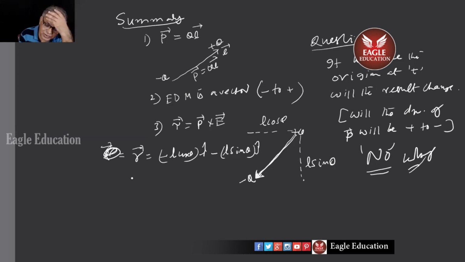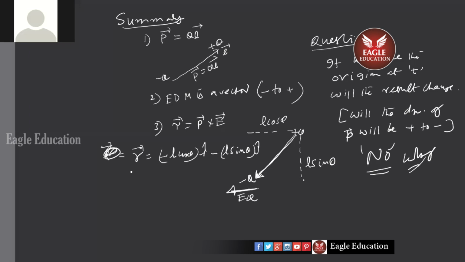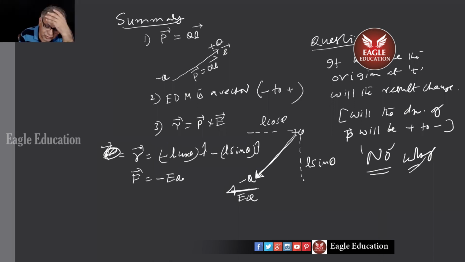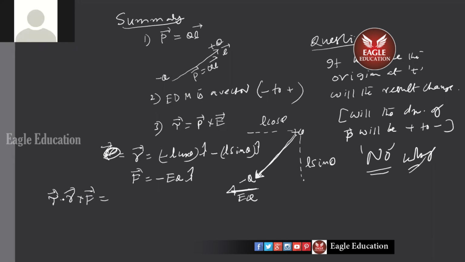And now the torque of this force will be 0. There will be torque of this other force. This EQ will be this way, right? So the force will be minus EQ i cap. So R cross F will be what, Bharat? Minus times minus becomes plus.